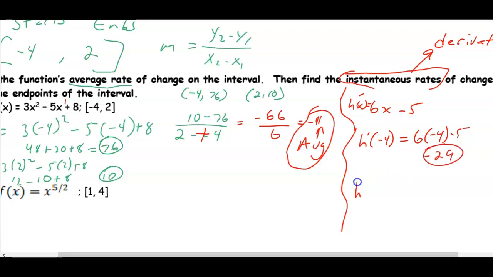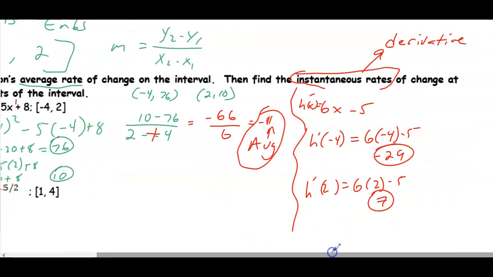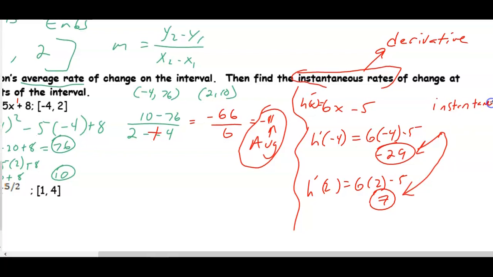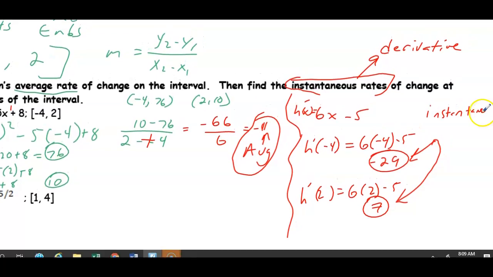And then h prime of 2, which is 6 times 2 minus 5, which is 12 minus 5, is going to be 7. All right, these 2 rates right here that we just solved for, this one and this one, are the instantaneous.